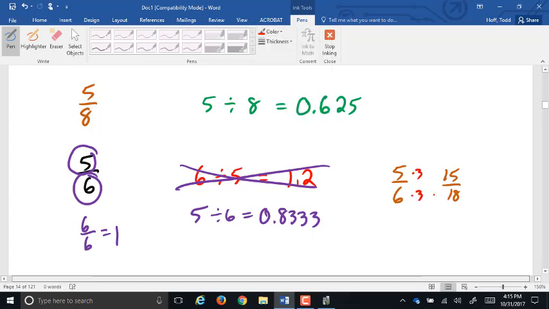The value doesn't change. If this is less than 1, this is still less than 1. Changing it from a fraction into a decimal still will not change the value. So there's absolutely no way I can come up with a number larger than 1 there. So be very careful of that. I usually catch a few of you doing that as we go through these.